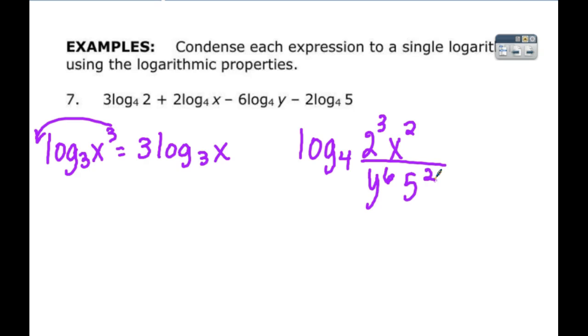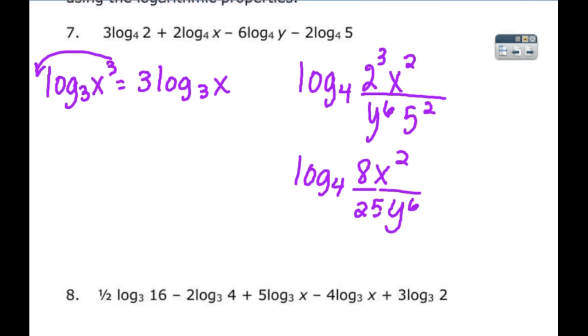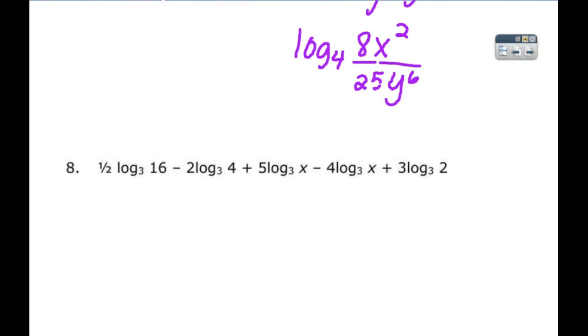So the only thing that you could do here, what is 2 to the 3rd power? And 5 to the 2nd power? Right? Well, can we write it like that?